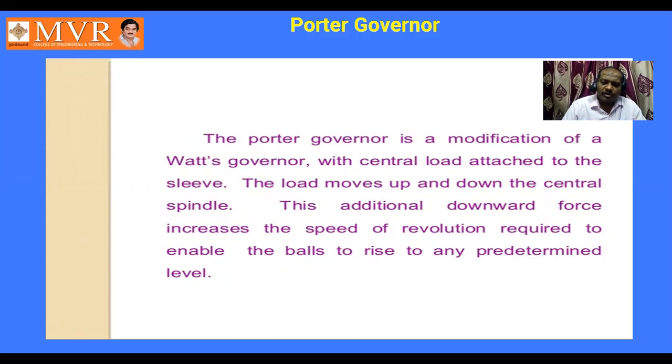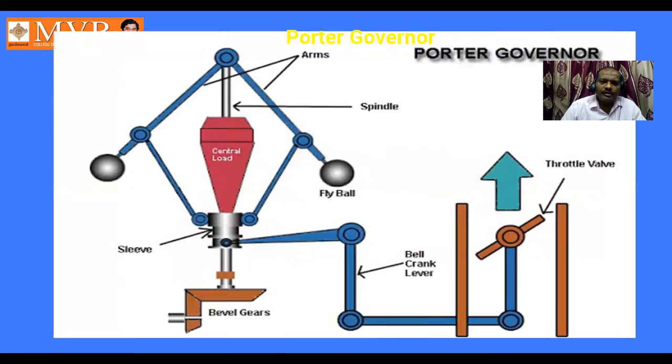If you observe how the Porter governor looks, this is the Porter governor, and these are the arms as present in the Watt governor. Here also arms will be present, and these are the balls, similar to the Watt governor, and this is the sleeve position.